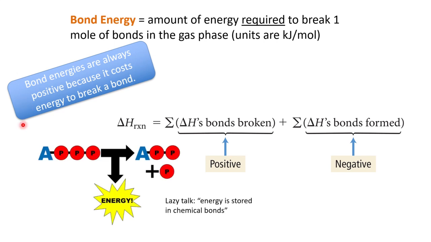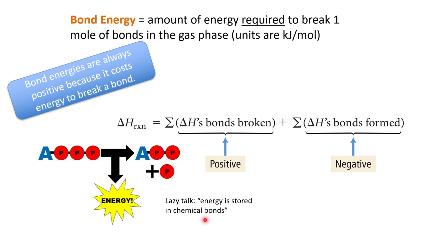Well, if you've taken a biology class, even in high school, you probably have heard this phrase, the mitochondria is the powerhouse of the cell. And the mitochondria uses ATP as fuel. ATP is a high energy compound. It has a lot of energy stored in chemical bonds. That's a lazy expression.